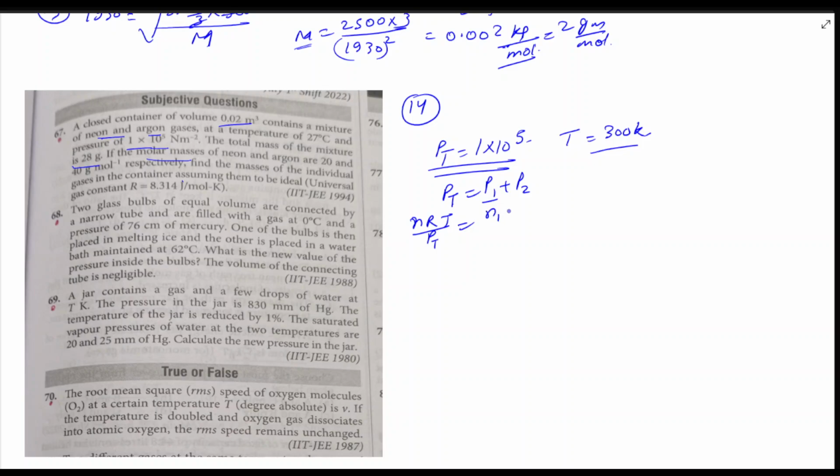First will be N1 RT upon volume V, plus N2 RT upon V. The temperature will be the same, right? So these will get cancelled. So we will have simply N equals N1 plus N2, the number of moles of 1 plus the number of moles of 2, right?